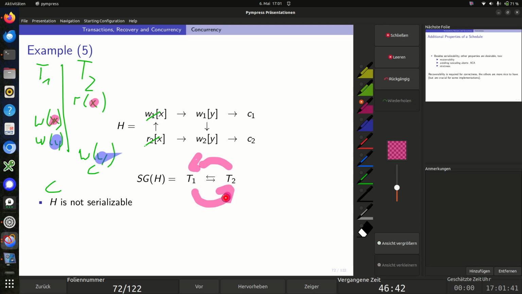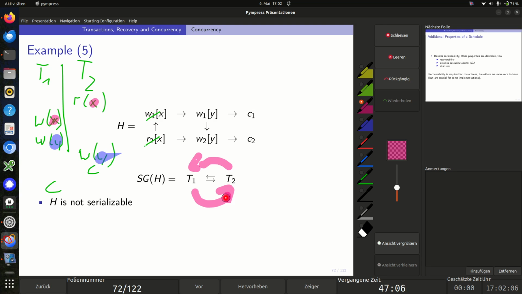Okay, so now you know everything about serializability, and that it means that write operations have conflicts if they are accessing the same data item, and this is important with regard to serializability. And now there are different kinds of properties, and this is with regard to reading.